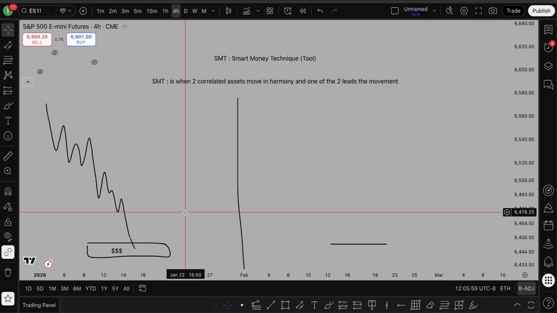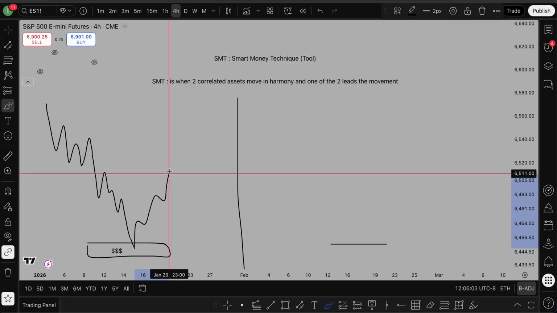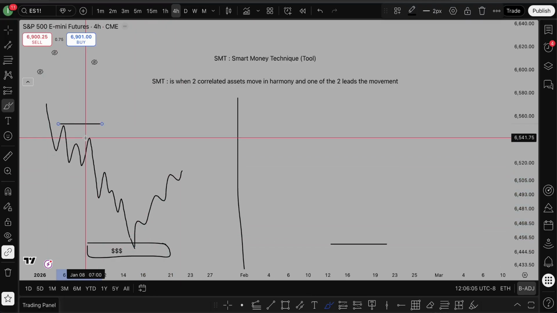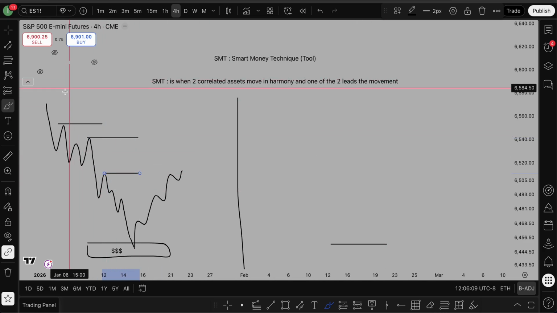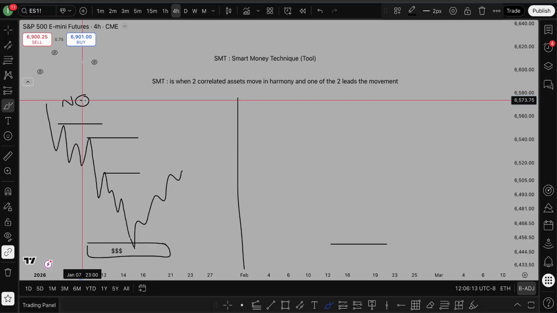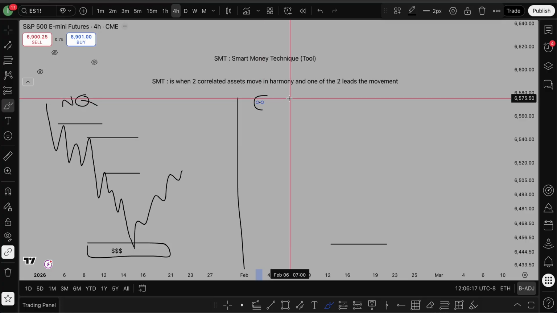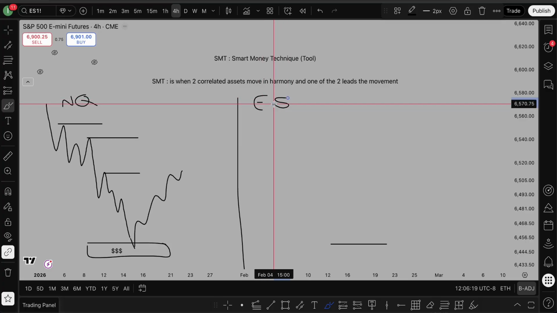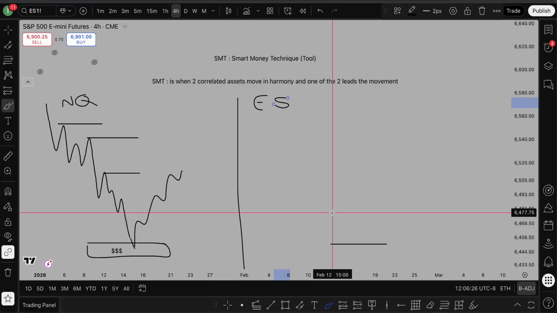So we tap into that level, and then let's say we decided to start going higher and taking out all of this liquidity. So let's say this was NASDAQ, so NQ, and let's say this is the S&P 500, notated by the acronym ES. You know what I mean, though.